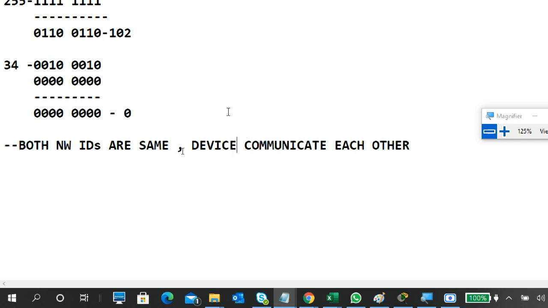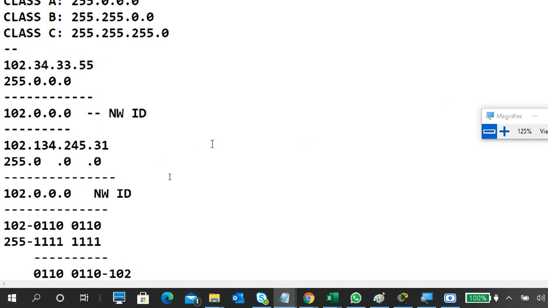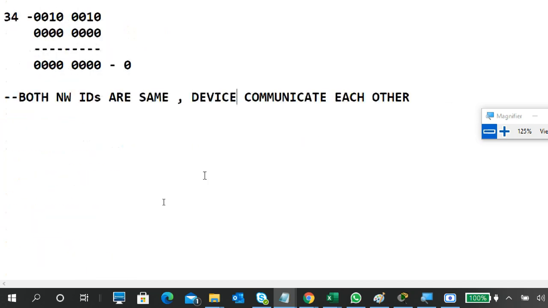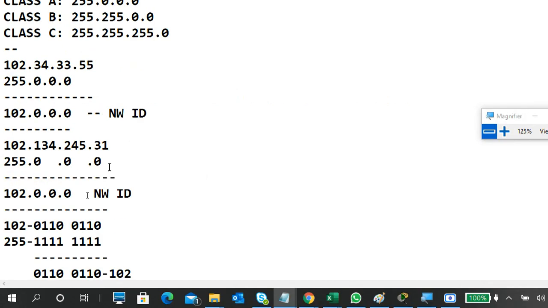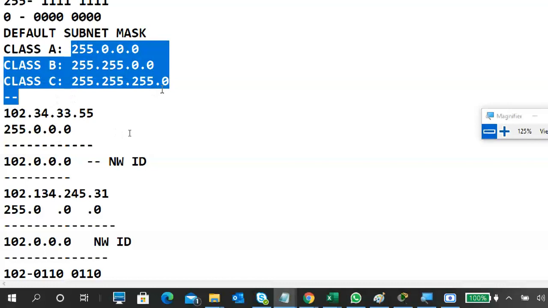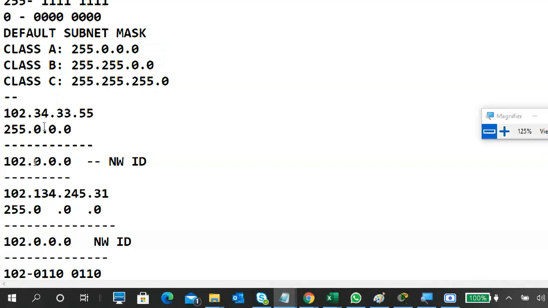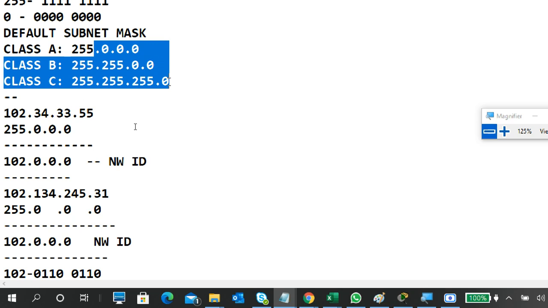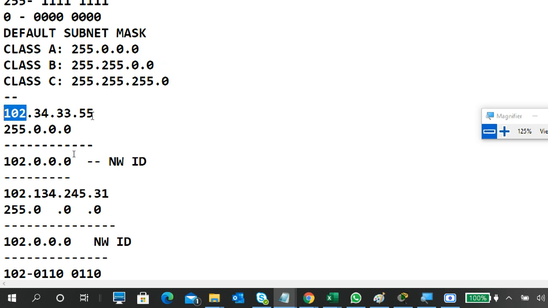PC or a device can communicate with each other. So this is about your subnet mask, and the use of subnet mask is to separate or define what your network ID is.